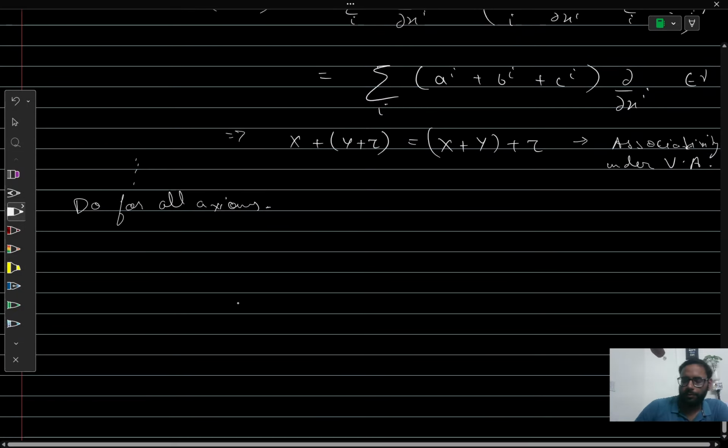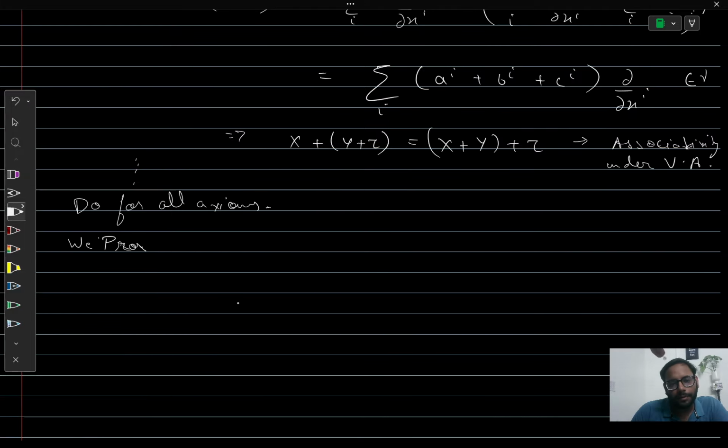hence proving that we proved that the set follows all axioms of a vector space.